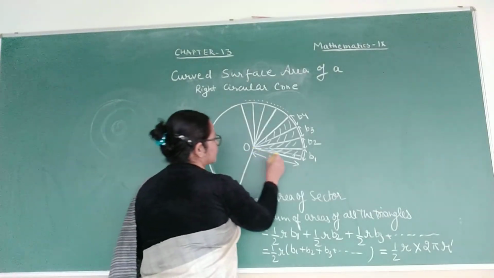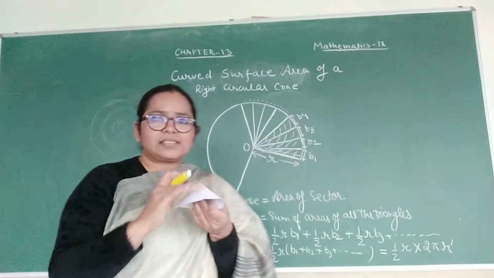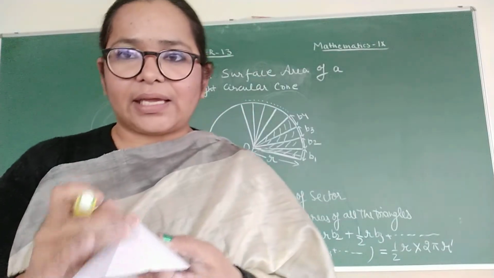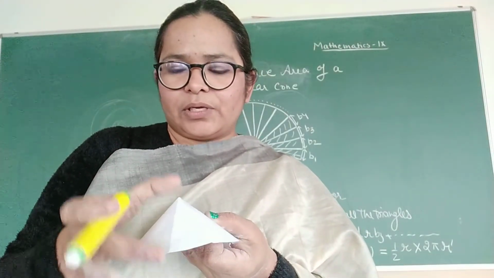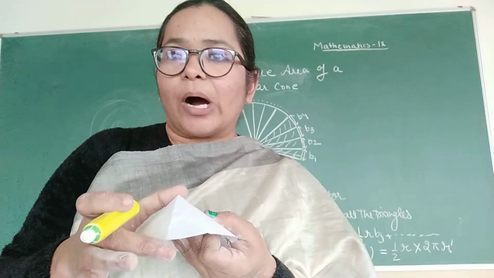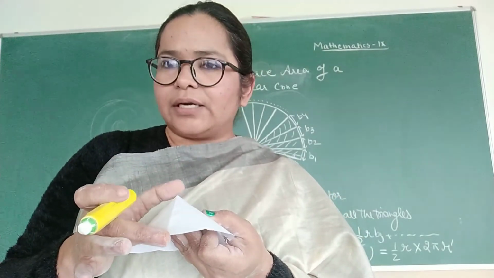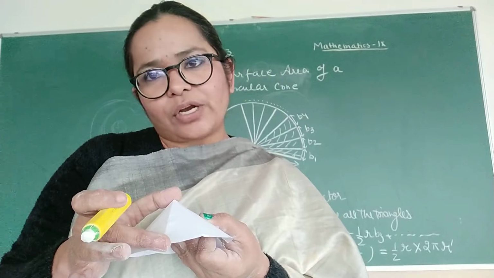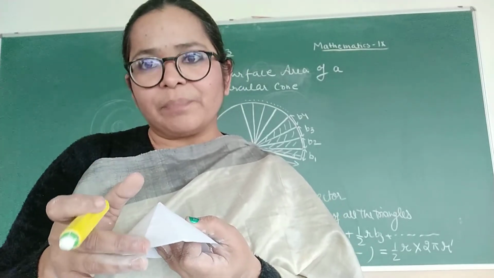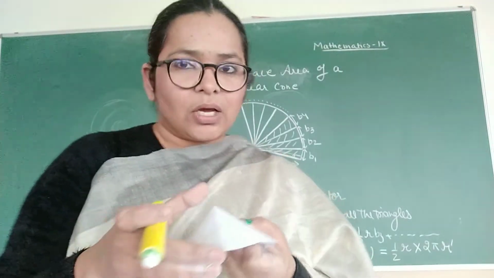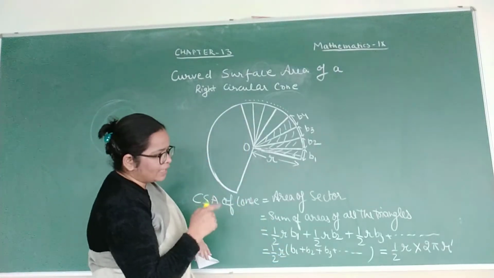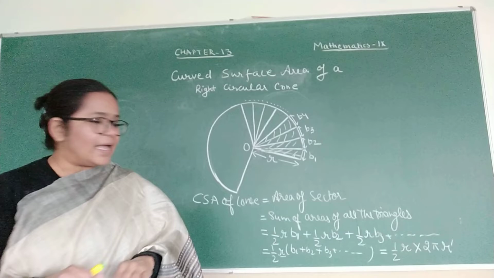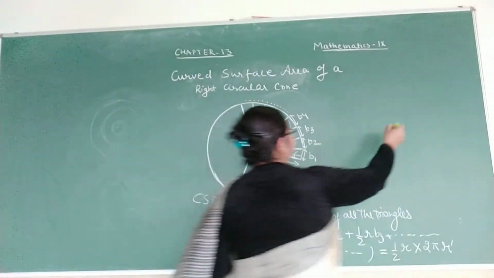Now, what is the relation between this radius and the slant height of the cone? Aren't they equal? And we represent this slant height, the distance of the vertex from the boundary of the base, the straight distance, as the slant height. So this small r will work as L. So I can replace r with L. So what we got?